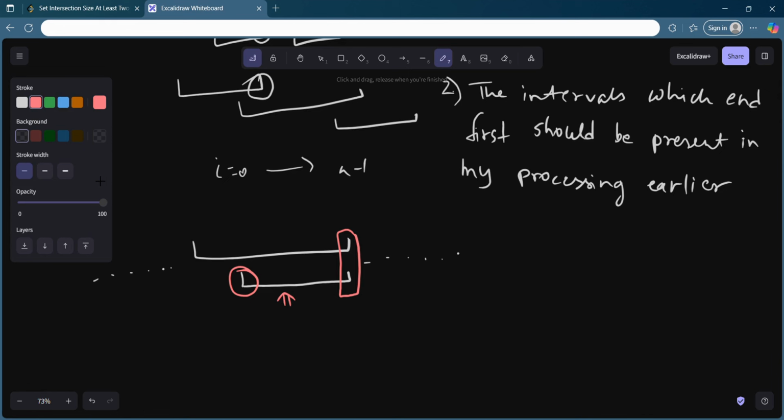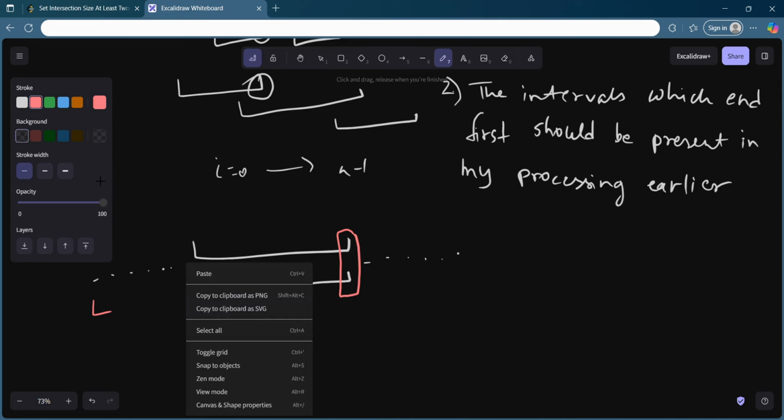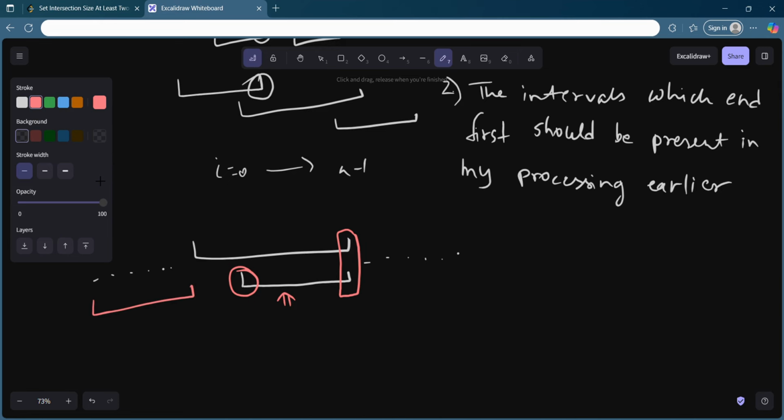Why is this the one you should be taking first? Because there is some interval before this also, and let's say you have selected the last elements or some elements in this interval. If you select these two elements from this interval, then definitely these two elements will also contribute to this interval.